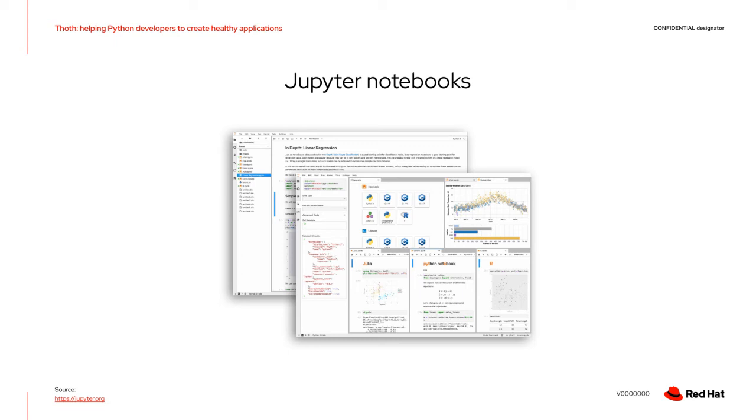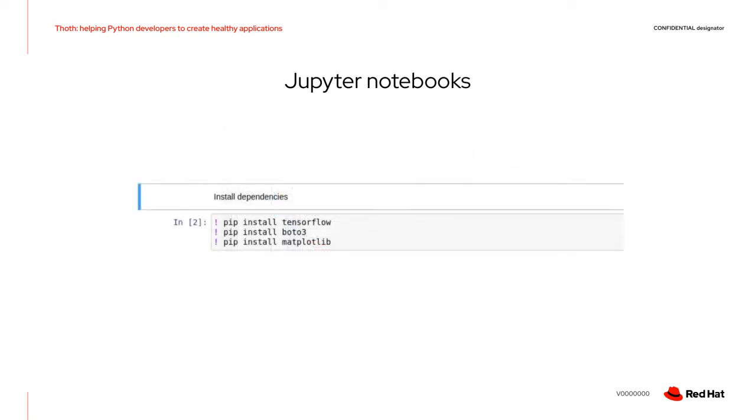In Jupyter notebooks, people tend to install dependencies using shell commands where they directly issue pip and install required dependencies. This is bad practice because dependencies change over time, and this way of installing dependencies basically discards any reproducibility of Jupyter notebooks.